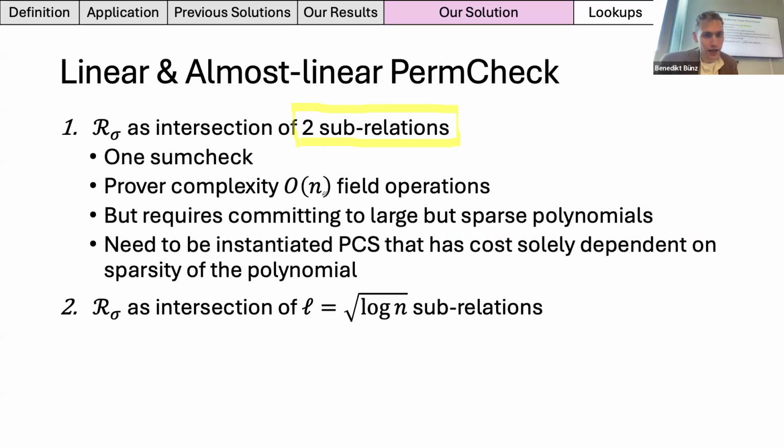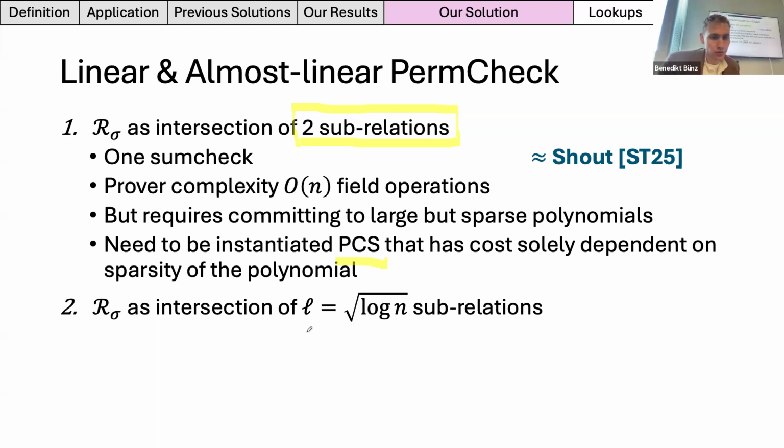Then it's one sum check, a sparse sum check of size n to the 1.5, and that turns out to be just good enough that it can be instantiated with some PCS schemes. Unfortunately, not all PCS schemes, but at least some that are particularly nice for sparse polynomials. This works very well. You can look at this as equivalent to a result published in the same year, called Shout.